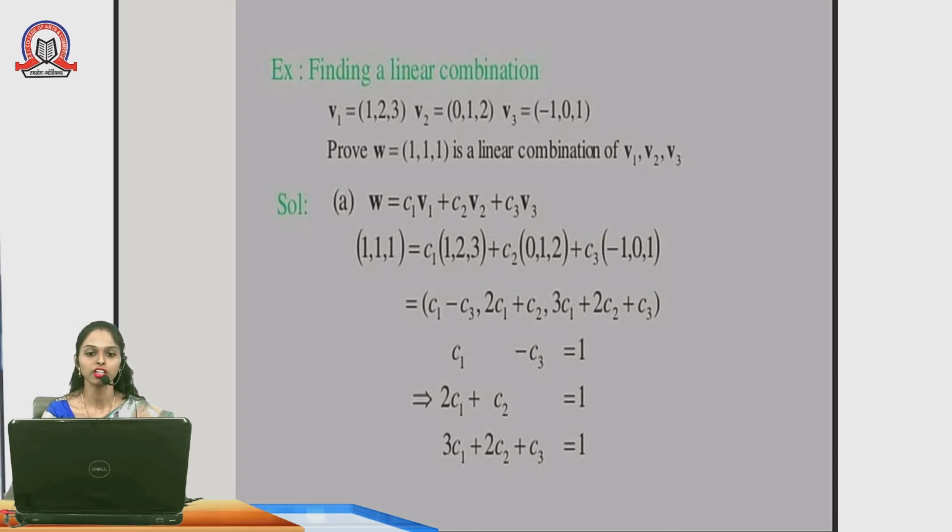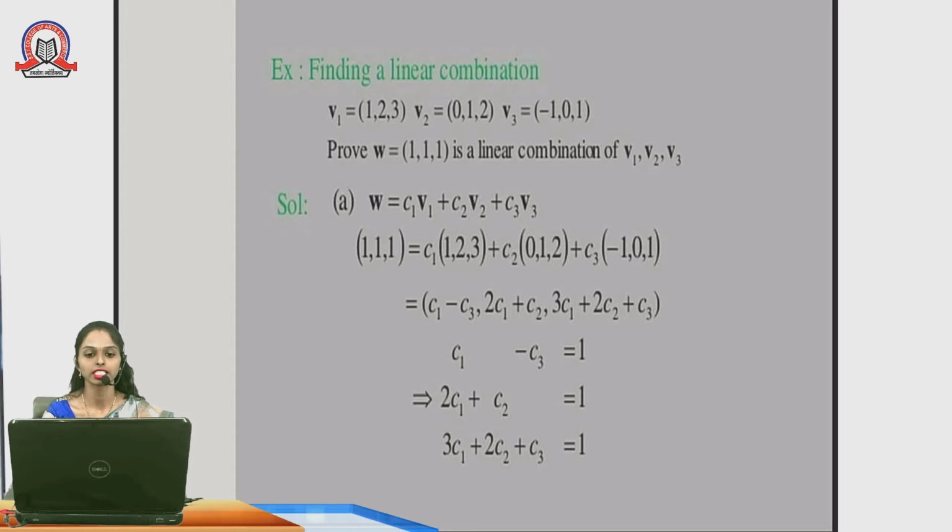Example for the linear combination: v1 is equal to (1, 2, 3), v2 is equal to (0, 1, 2), and v3 is equal to (-1, 0, 1). Take these three vectors. Prove that w equal to (1, 1, 1) is a linear combination of the vectors v1, v2 and v3.